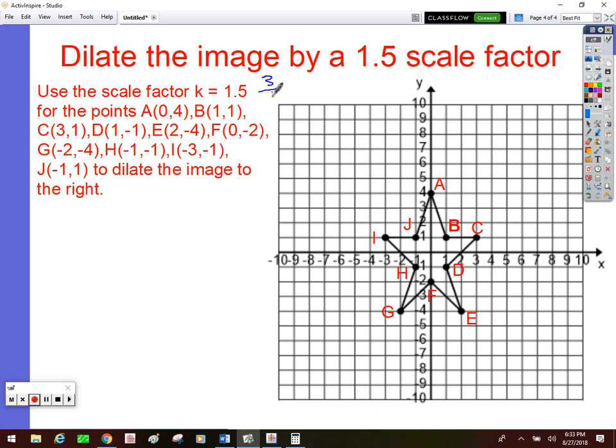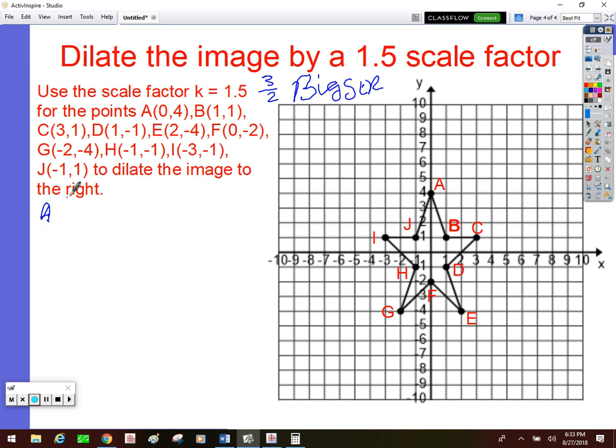Sometimes you may see it written as 3/2. So you have a scale factor of 1.5 or 3/2. Either way, the improper fractions are always bigger than 1. So this one should get bigger. It should grow. Okay? All right, so we're going to multiply each one of these coordinates by 1.5.